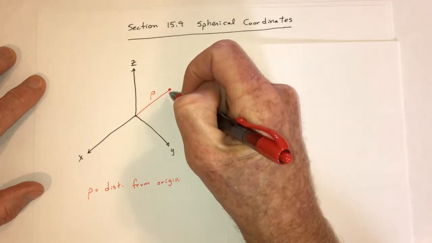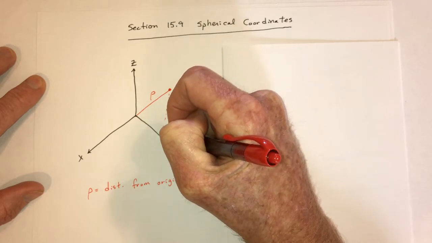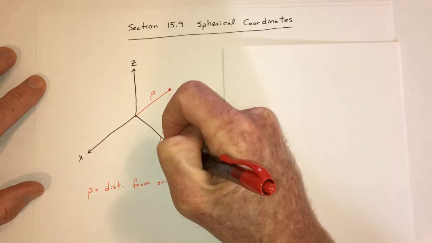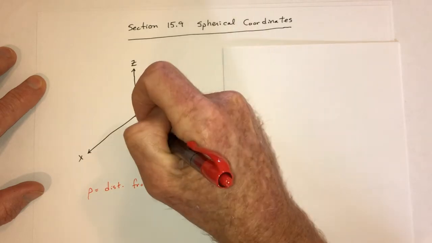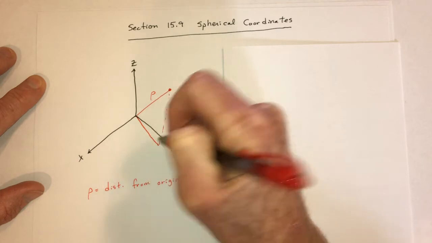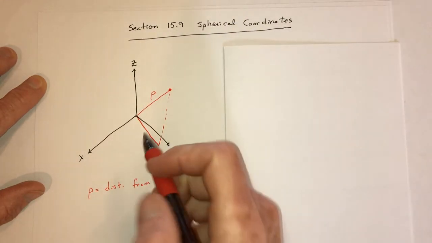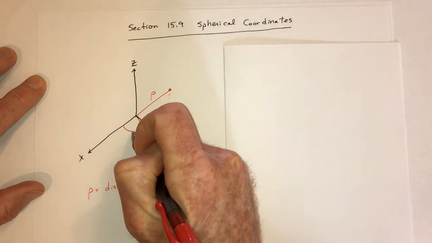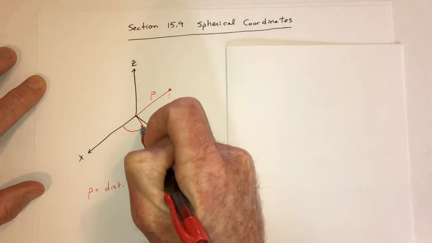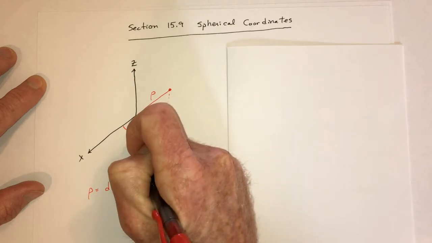So what you do is you drop this down to the XY plane. You find out where it hits the XY plane and you draw a line to that. So this line right here is in the XY plane, and then you measure the angle from X over to that line. That tells you what direction to go to find that line. And that is called theta.